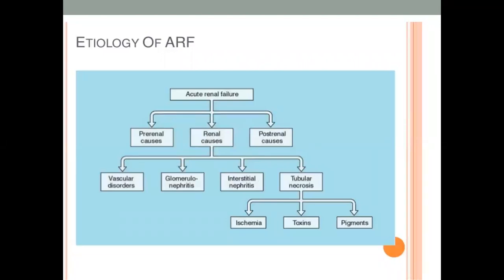Pre-renal causes most of the time are due to hypoperfusion from hypovolemia or hypotension. Renal causes could be due to vascular disorders, glomerulonephritis, interstitial nephritis, or tubular necrosis. And tubular necrosis can be from ischemic injuries, toxins, or pigment. Postrenal causes most of the time are obstructive in nature.